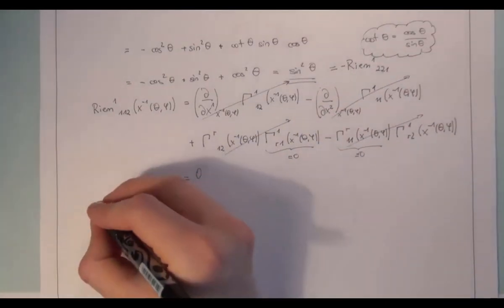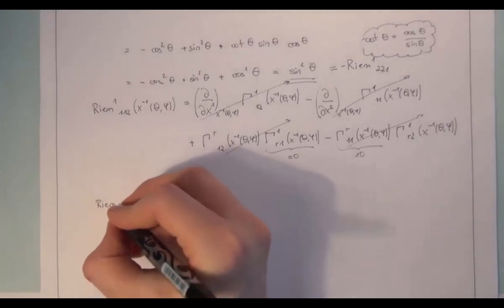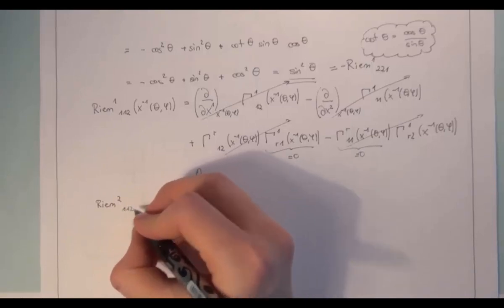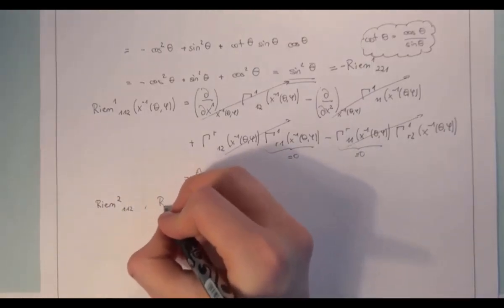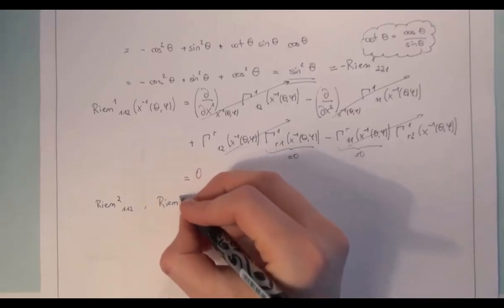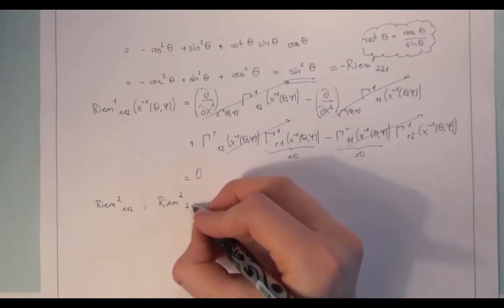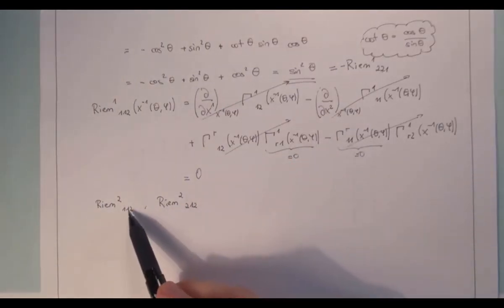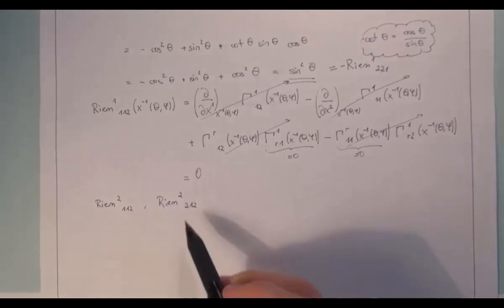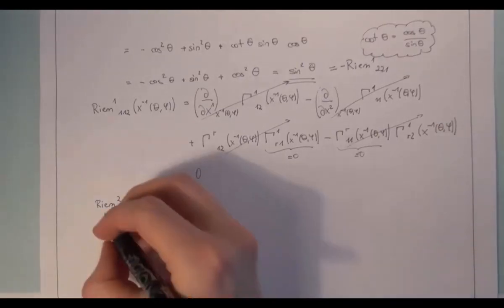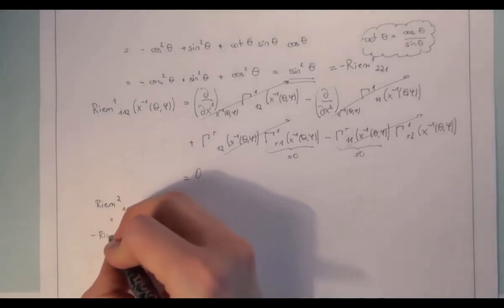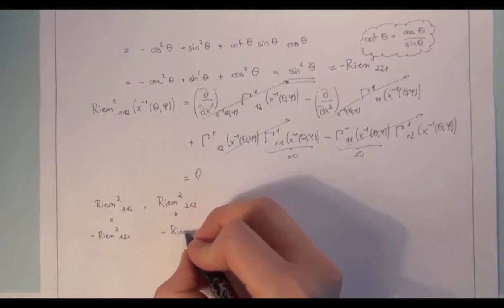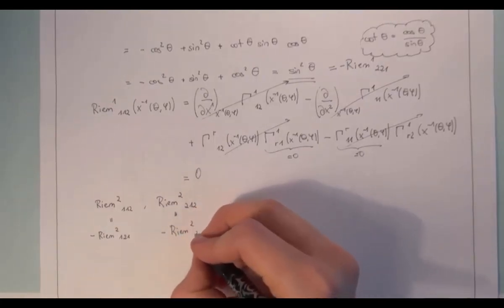Other components could be Riem of 2, 1, 1, 2, or Riem of 2, 2, 1, 2, and of course also if you exchange both the last two indices, but that one is minus Riem 2, 1, 2, 1, and this one is minus Riem 2, 2, 2, 1.